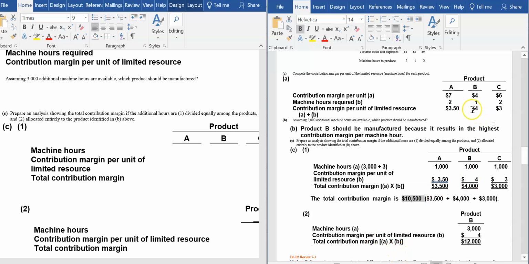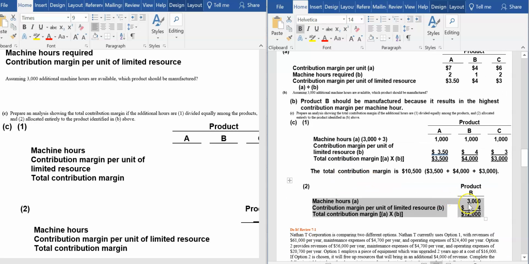However, if we apply all of those hours to the highest contribution margin per hour product, we will end up with 3,000 hours times $4 contribution margin per hour, or a total contribution margin of $12,000.